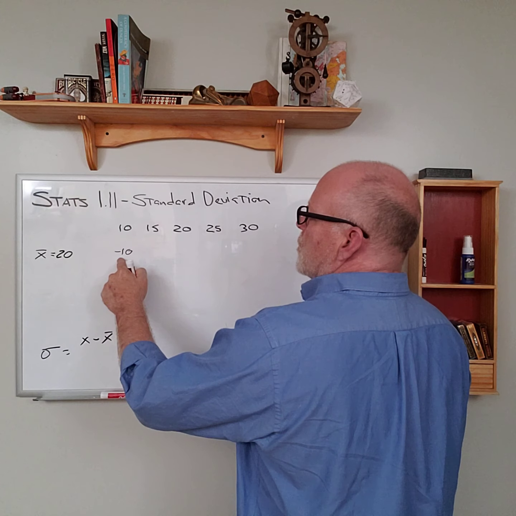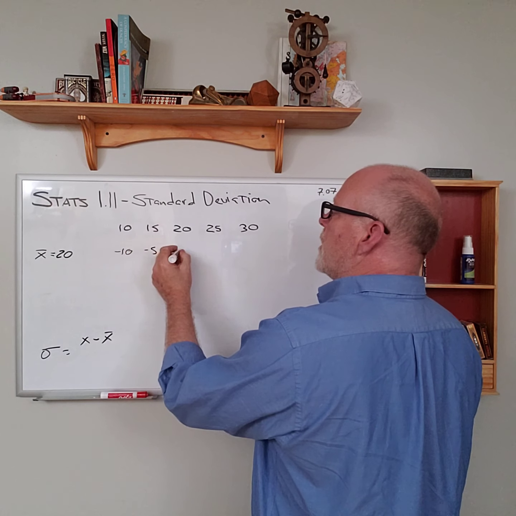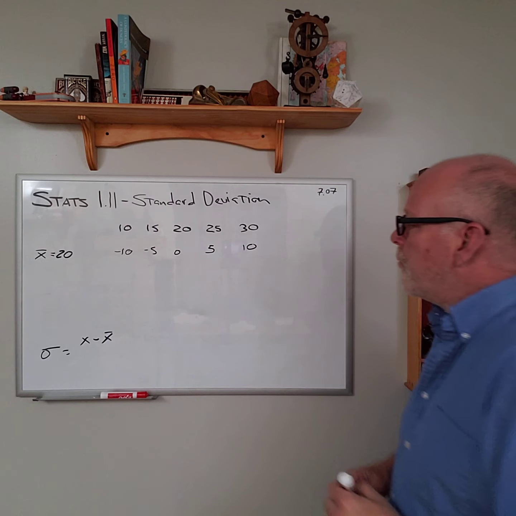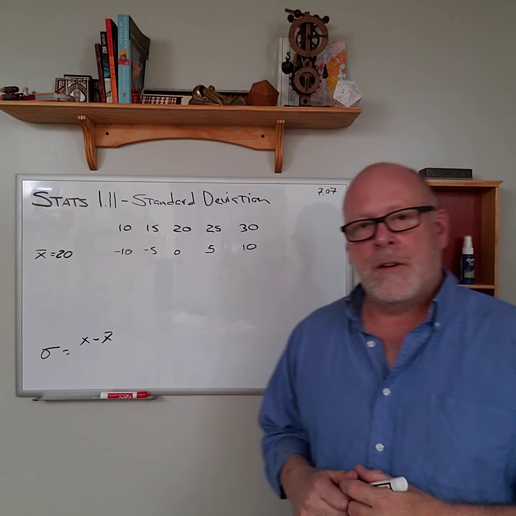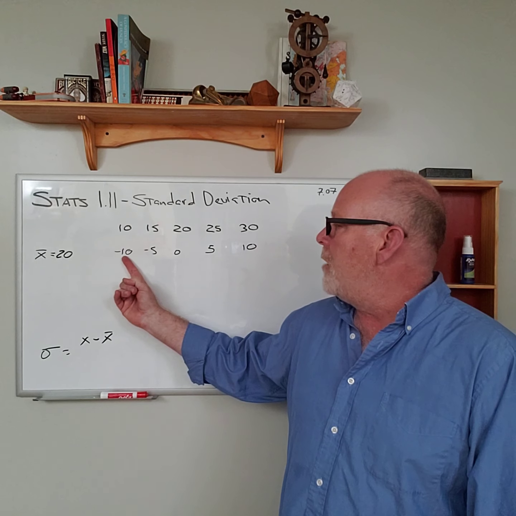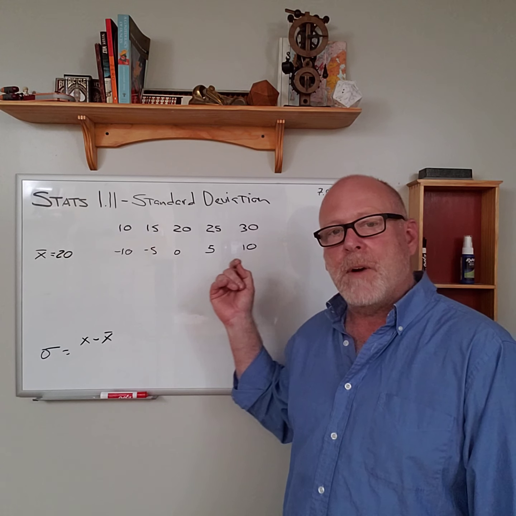So 10 minus 20 is negative 10, 15 minus 20 is negative 5, 20 minus 20 is 0, positive 5, and positive 10. All right, that's the deviation for each of these numbers. This is 10 units below the mean, 5 units below, right at the mean, 5 above, and 10 above.